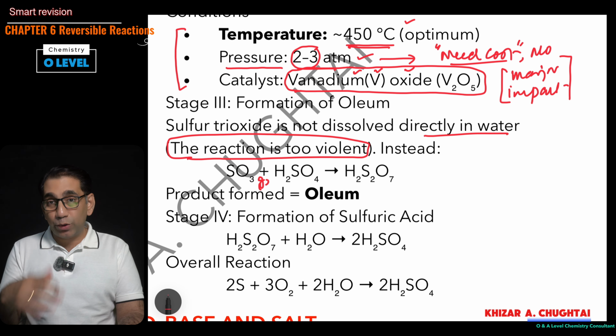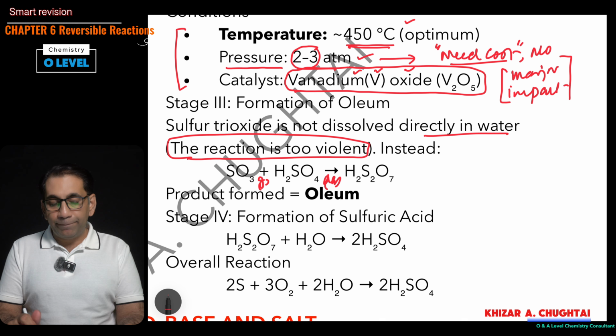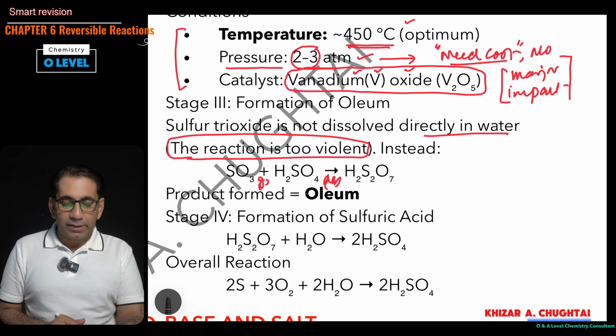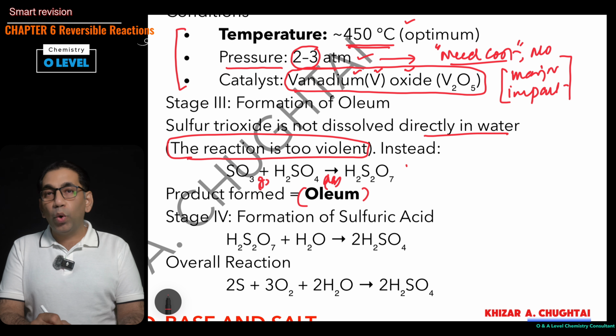We dissolve SO3 gas into already made H2SO4, concentrated sulfuric acid, and H2S2O7 is formed. That is called oleum.